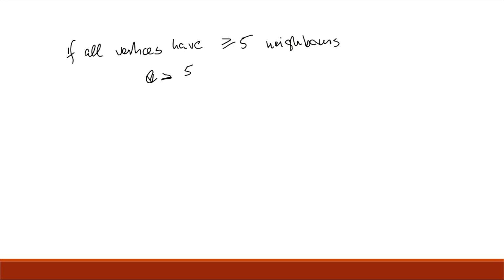So if all vertices have at least 5 neighbors, then the number of edges would be at least 5v divided by 2. And again, that's because an edge belongs to 2 vertices. So 5v divided by 2.